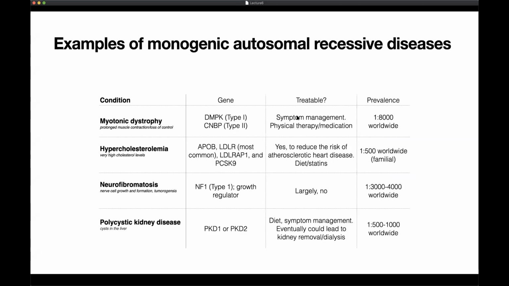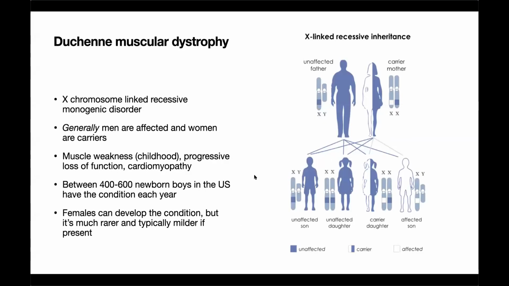Now, a different pattern of inheritance occurs if you're looking at sex chromosome linked diseases. So Duchenne muscular dystrophy is probably the most common X-linked disease. So it has an X-linked recessive monogenic disorder.